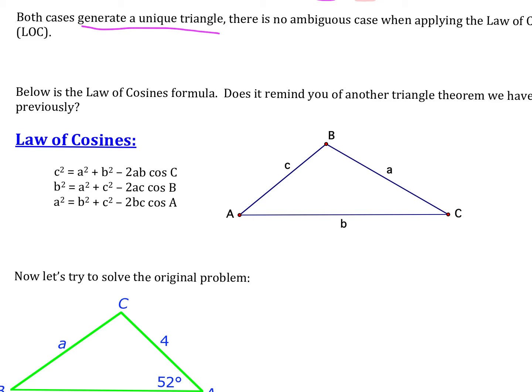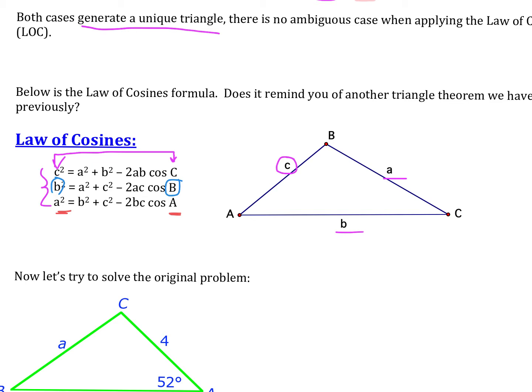Side c squared equals a squared plus b squared minus 2 times a times b times the cosine of C. Notice if you're talking about little side c squared, you take the cosine of angle C. With side b, you take the cosine of B. And if it's a squared, cosine of A.